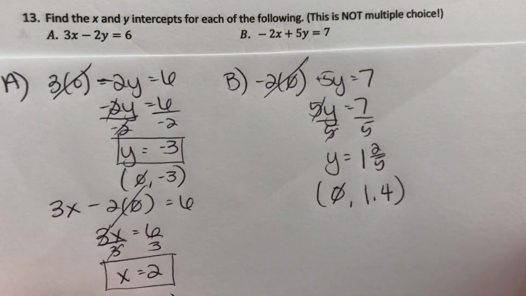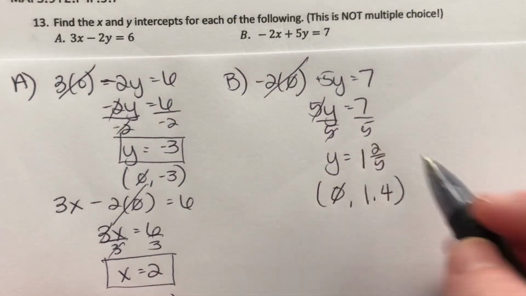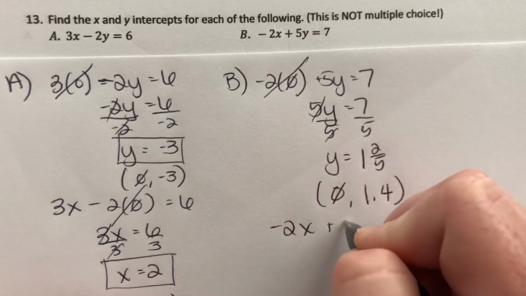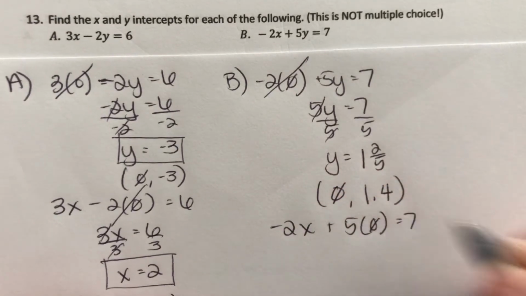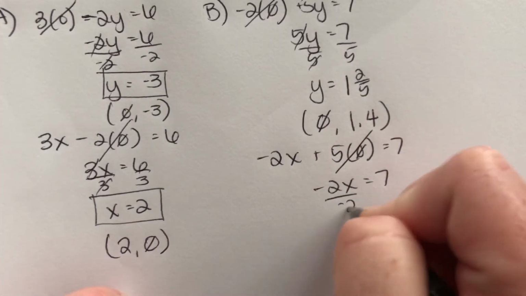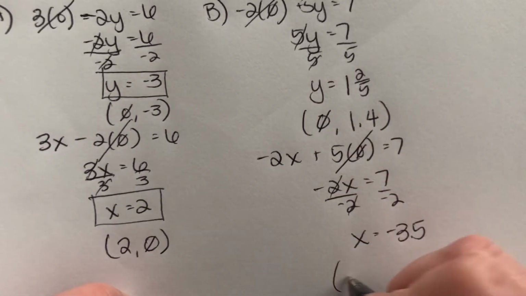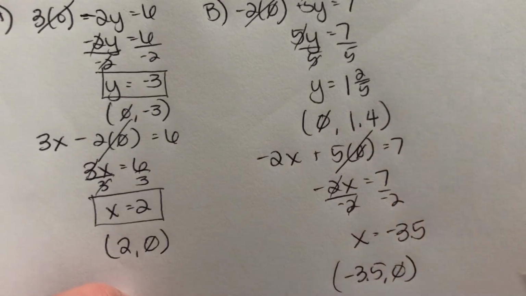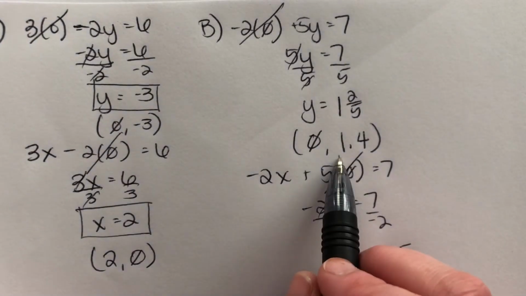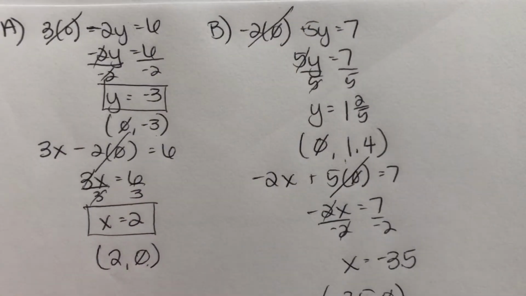Okay, and then for the x-intercept, I plug a 0 in for y. Negative 2x plus 5 times 0 equals 7. This goes away. Negative 2x equals 7. X equals negative 3.5. So negative 3.5, 0. That would be my x-intercept and my y-intercept. Okay? Let me know if you have questions on that.